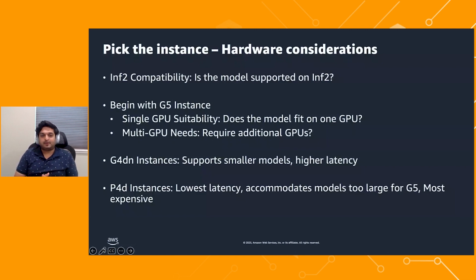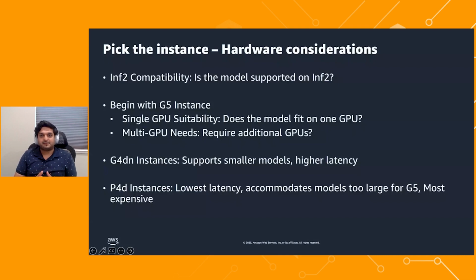And finally, there is the P4d instance, which offers you the lowest latency and accommodates the largest of models, bigger than G5 instances, but it is also one of the most expensive instances that we have. So be sure to maximize the GPU utilization of that instance. Pack more than one model per instance, or more copies of that model per instance, to maximize the GPUs here.